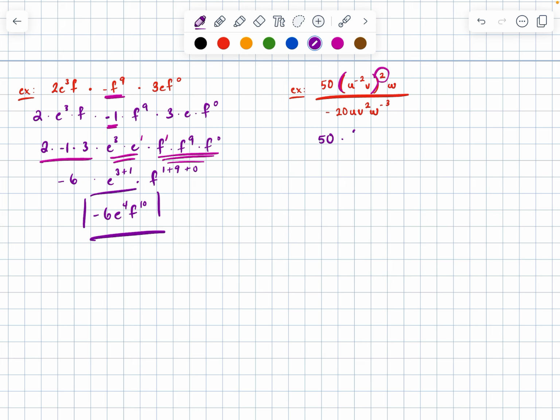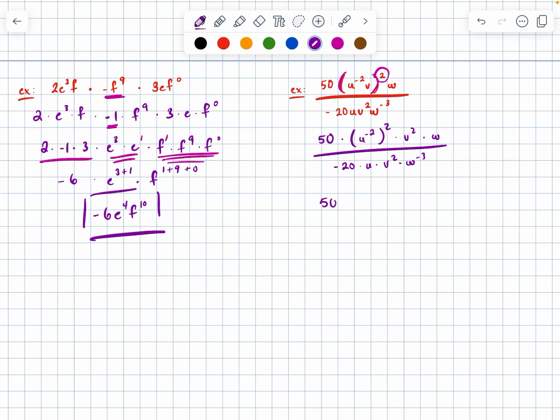So this would become 50 times, I've got u to the power of -2 squared times v squared, giving it to each of those factors individually, and then my w on the outside, and then on the bottom, I've got -20 u v squared and w to the -3rd.